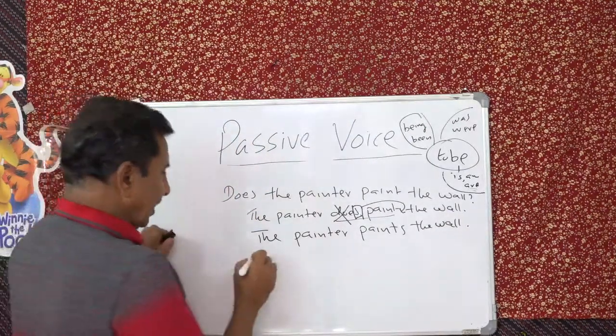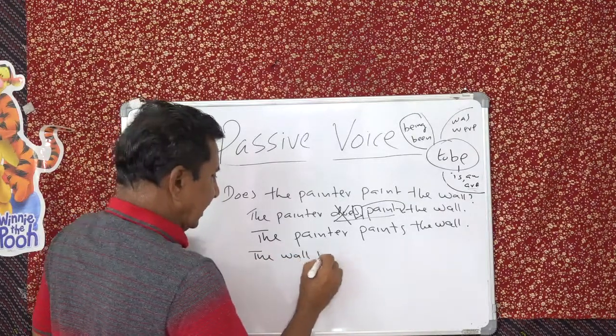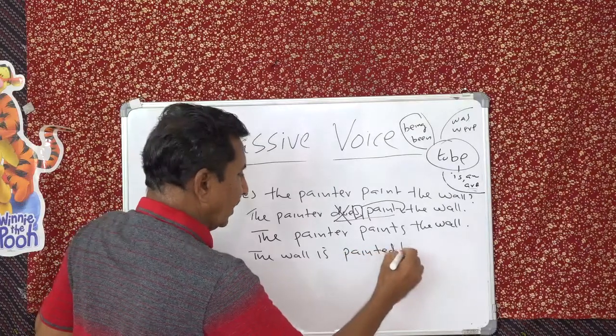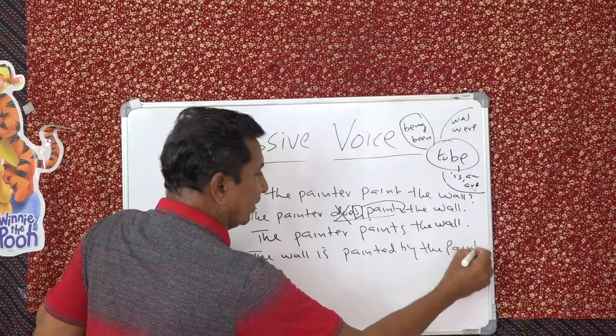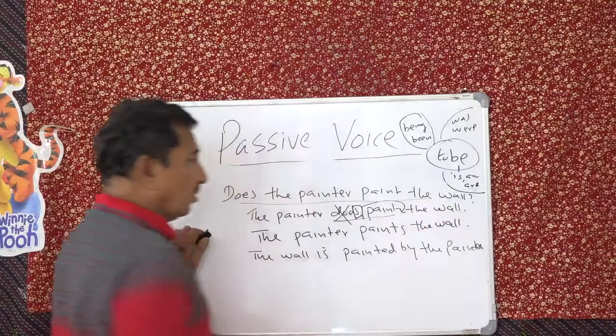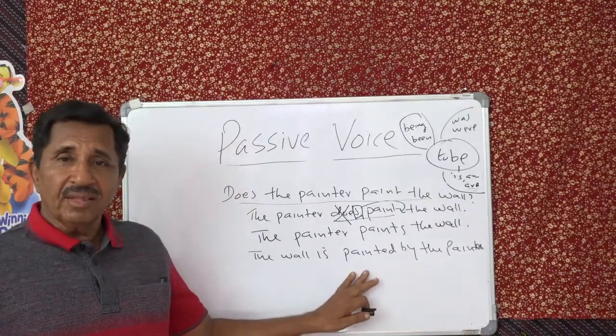What do you say? The wall is painted by the painter. Now you have already seen. Now the given sentence is a question, a yes or no question. So you have to change this into a yes or no question.